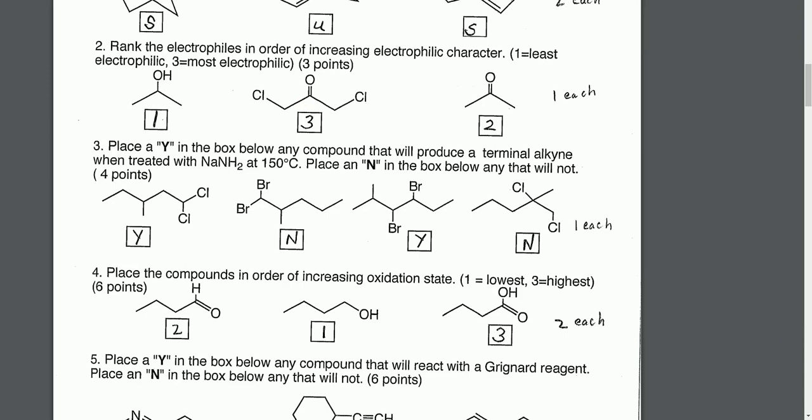And so it's going to make that partially positive carbon even more partially positive. They're going to pull even more electron density away from that carbon, and so that carbon is going to become even more receptive to being attacked because it's even more partially positive now. So that's a 3, and the other one is just the normal, basic nothing. It's a 2. Okay?